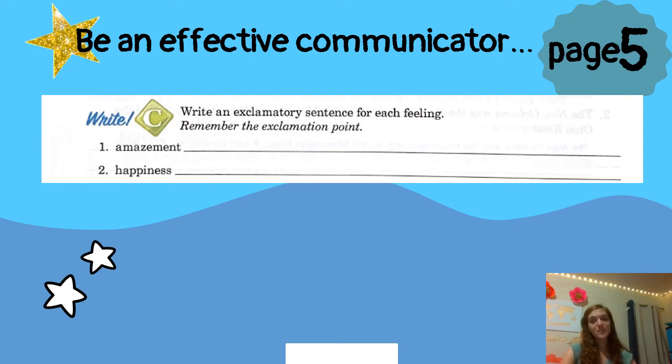Okay, I love these parts where you get to make up your own sentence and get to be an effective communicator, right? So look what it says. Write an exclamatory sentence for each feeling, okay? So you get to make up an exclamatory sentence for the feeling of, don't forget your exclamation point, okay? For amazement, okay, if you're asombrados about something, you're amazed, wow, okay, cool.